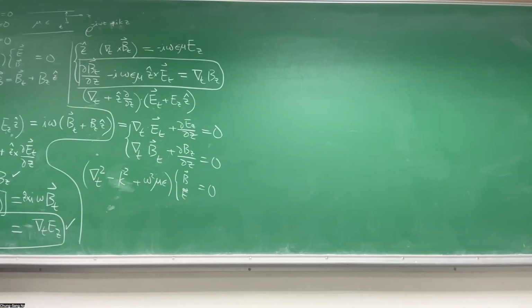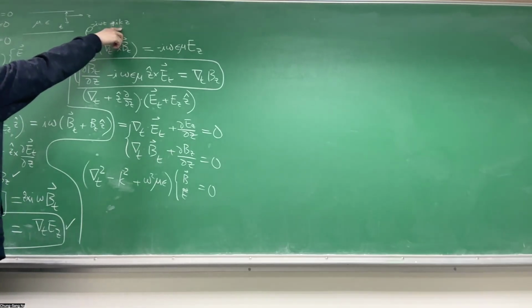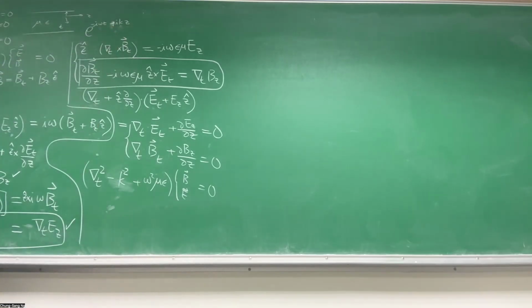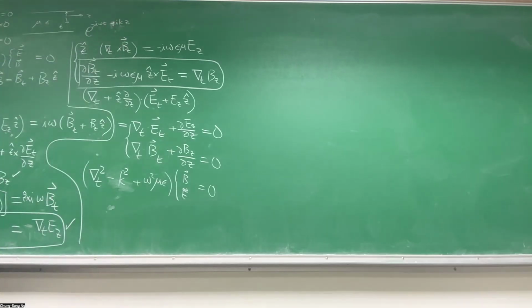Or instead of taking derivatives, you can make use of the fact that we consider a single wave number, and change all the partial z to iK. Partial z becomes iK, assuming you use this convention where the sign of K determines the propagation direction.